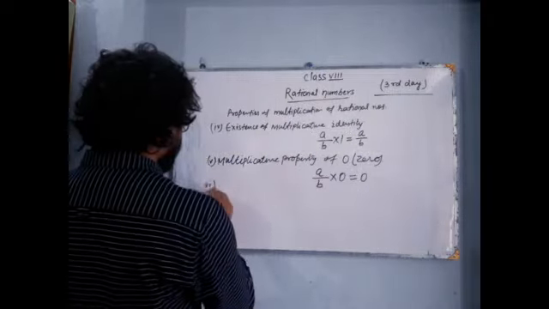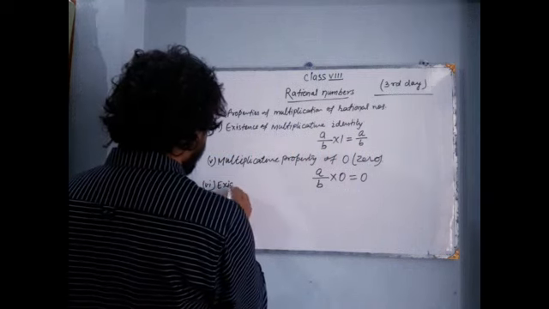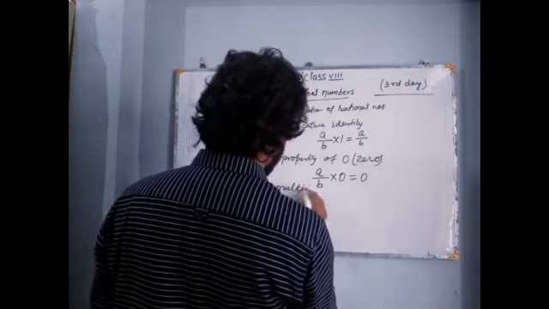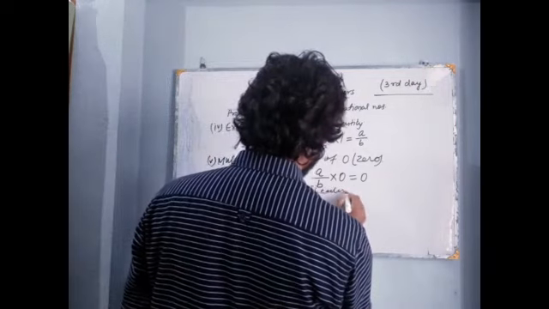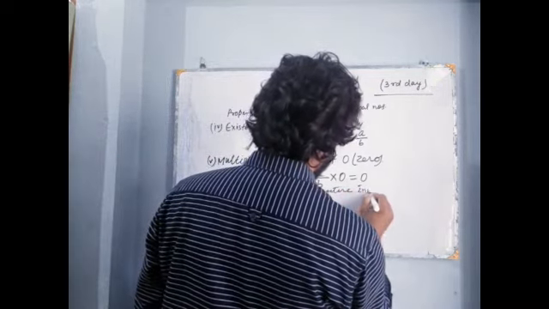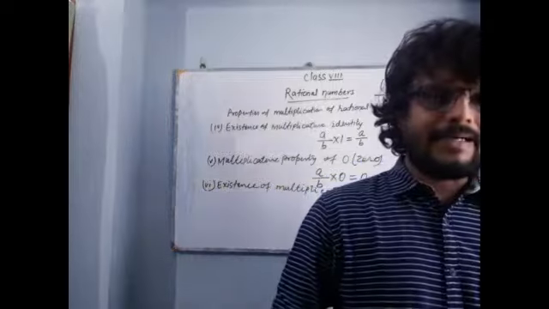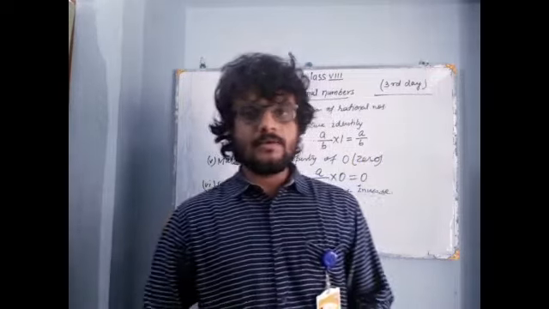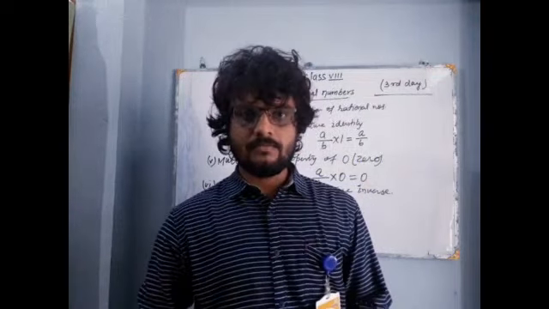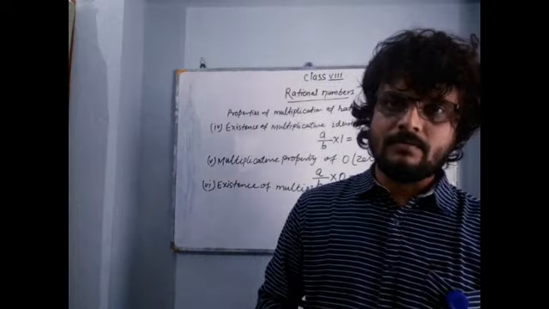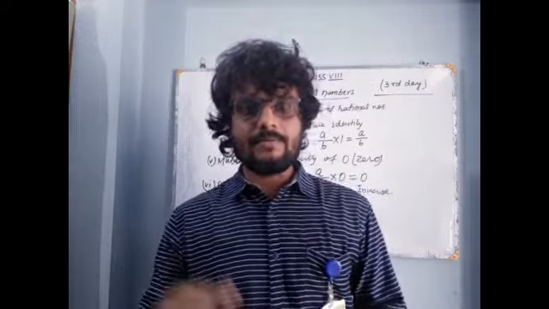The next property is existence of multiplicative inverse. I hope that you all are aware of multiplicative inverse, which is also known as reciprocal. The multiplicative inverse of 5 by 7 is its reciprocal, that is 7 by 5.